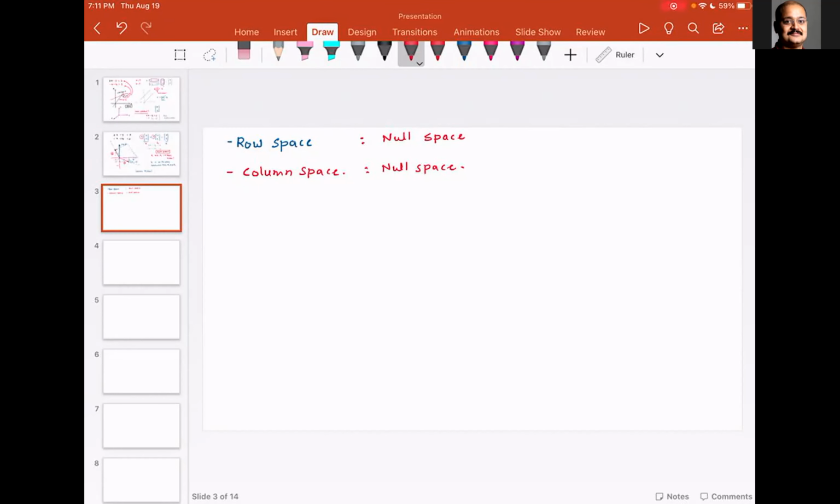I will talk about these in detail in my next lesson, but just to give you hints, if you have the matrix A, you are going to have the row space of A. There is something called the column space of A.